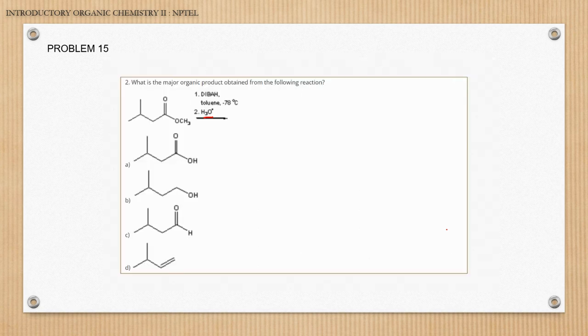Okay. Now tell me, what will be the possible product in this reaction? C or A. This is an ester and hydride has to add. We are not going to hydrolyze this ester.